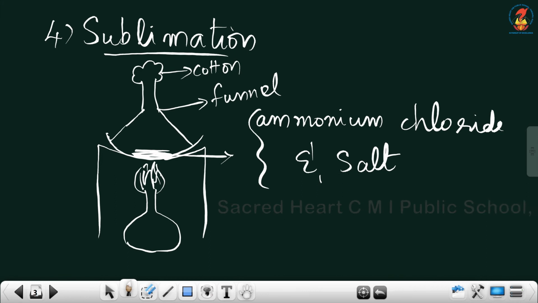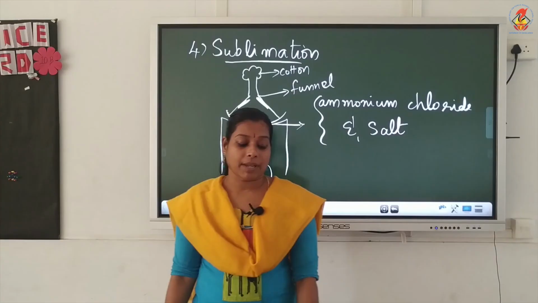After that, when the complete material has gone into vapor, we switch off the burner. Okay. So on cooling, what is happening? The vapors will be deposited at the sides of the funnel, where we can see the solid material, and this method is known as sublimation.